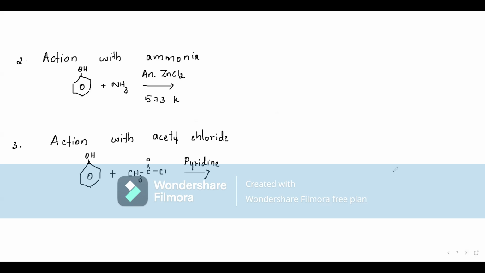Now, action with ammonia. You have studied this in alcohol. The same reaction happens with phenol also. Phenol, when treated with ammonia in the presence of anhydrous zinc chloride at a high temperature, undergoes elimination of water, as anhydrous zinc chloride helps in the elimination of water. So OH and H from ammonia are removed as water.